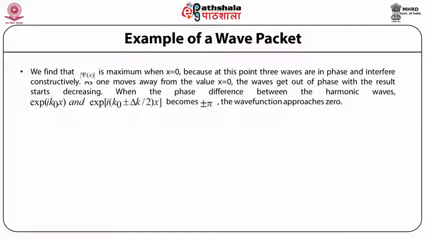modulus of psi x, starts decreasing when the phase difference between the three harmonic waves, that is, exponential within brackets i k naught x, exponential bracket open i within brackets k naught plus delta k by 2 into x bracket closed and exponential bracket open i within brackets k naught minus delta k by 2 into x bracket close becomes plus or minus pi.